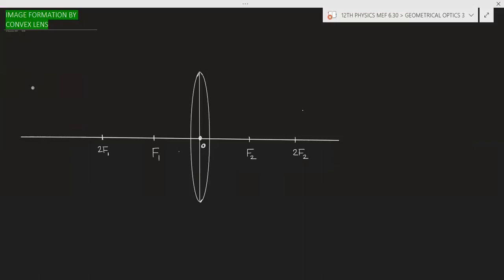So I'm taking case number 1. When the object is placed beyond 2F1, the object is here, like this, somewhere, and we will see where the image will form.